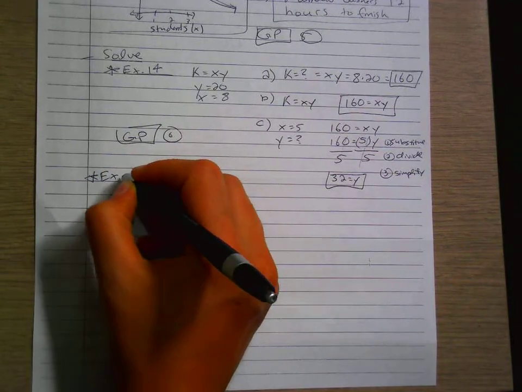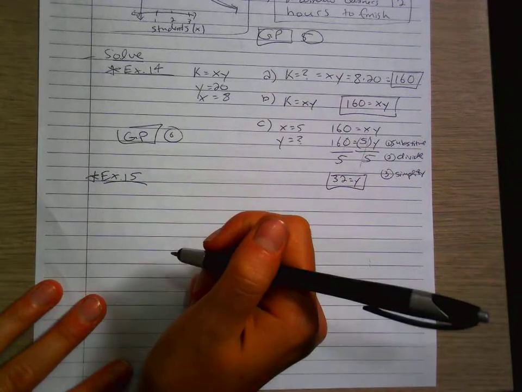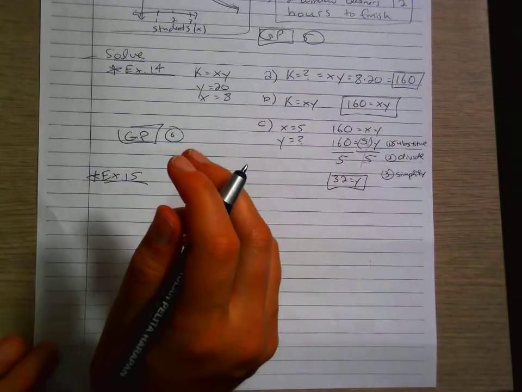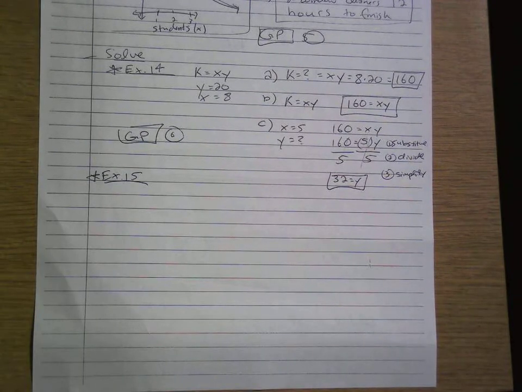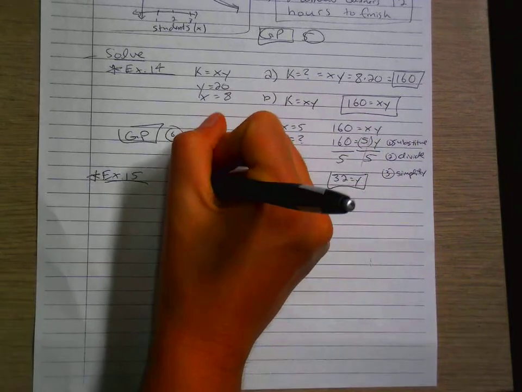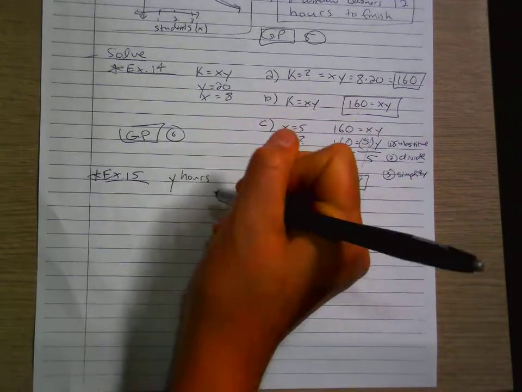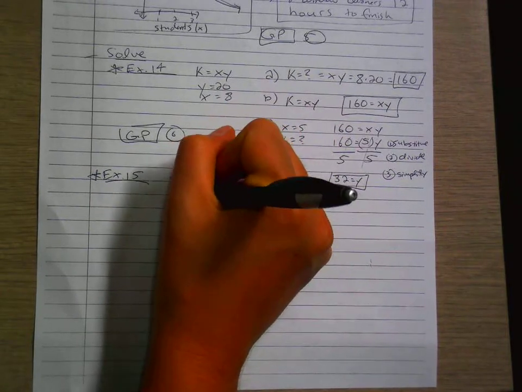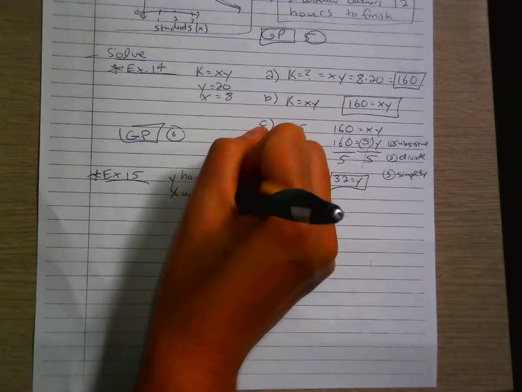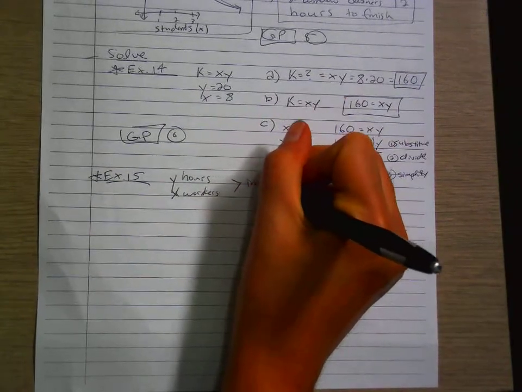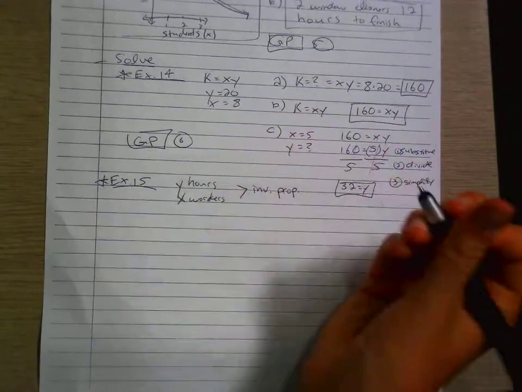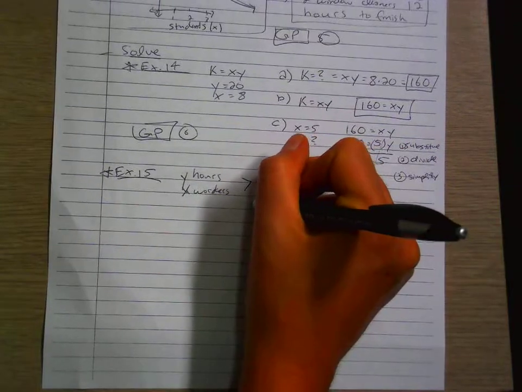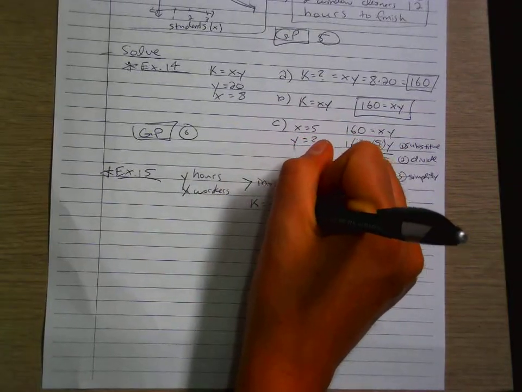Last example, solve a real-world inverse proportion problem. Awesome. In an auto repair garage, the total number of hours y it takes to repair a car is inversely proportional to the number of workers, x. We know they are inversely proportional, so we know that k equals xy. We defined our variables.